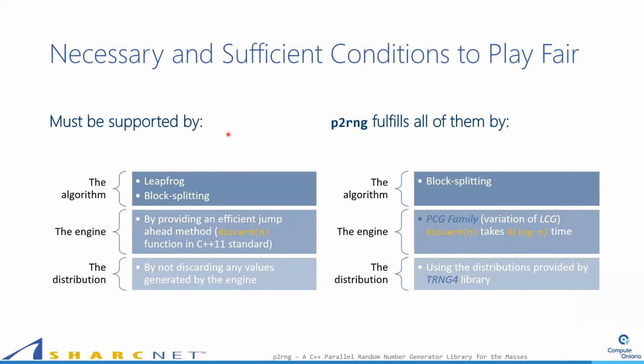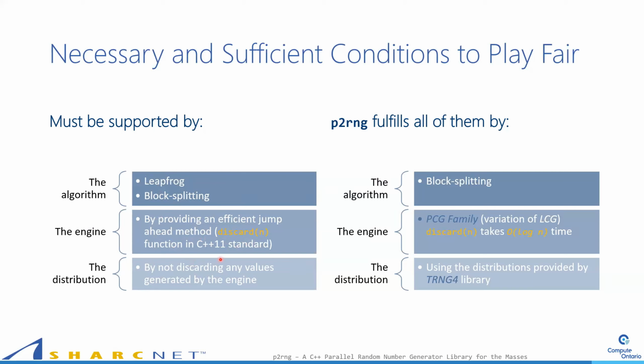There are three necessary and sufficient conditions for playing fair. First, the algorithm must support it. You should use either the leapfrog or block splitting technique. The engine must support it by providing an efficient jump ahead method, for example the discard function in the C++11 standard.